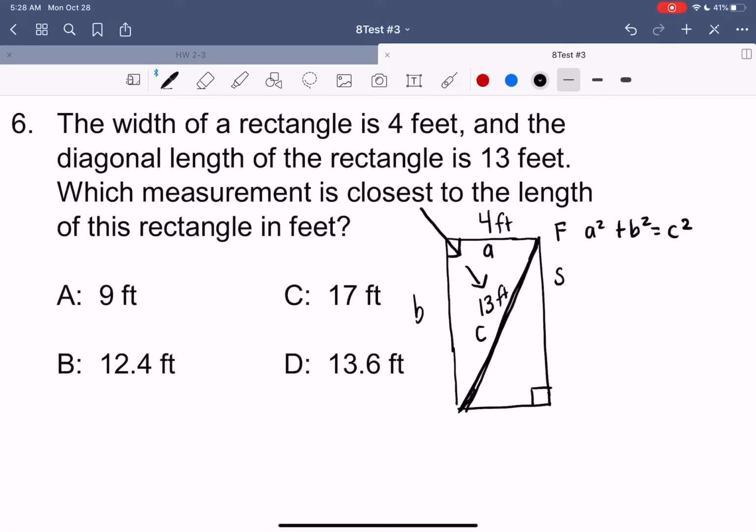And when I substitute what I know, I have 4 squared plus B squared equals 13 squared.